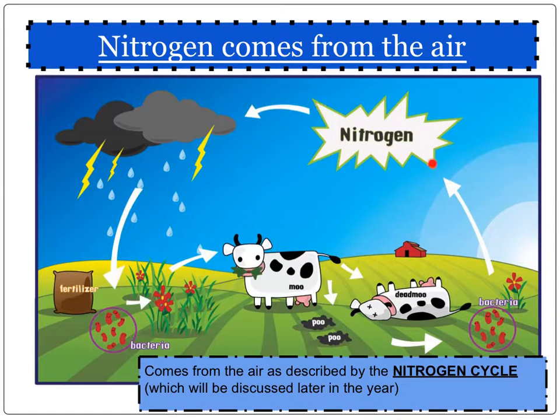So it needs to be taken from the air, and it can rain down as raindrops if the nitrogen dissolves into the water. During thunderstorms, lightning, we'll talk about, actually can help convert that nitrogen into a useful form. But most of the time, certain plants have these bacteria that can actually take in the nitrogen and turn it into a form that's usable.